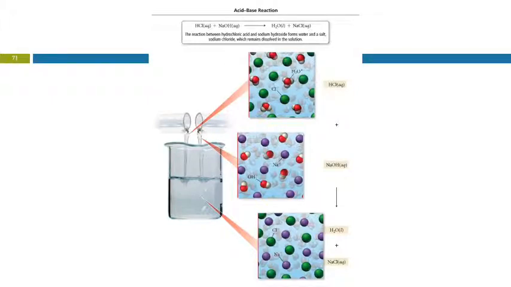So here we have pictures. We're adding sodium hydroxide and hydrochloric acid, mixing them in this beaker. They're both clear, colorless solutions. They look like water. They're definitely not water, but water is the solvent. HCl is a strong acid.